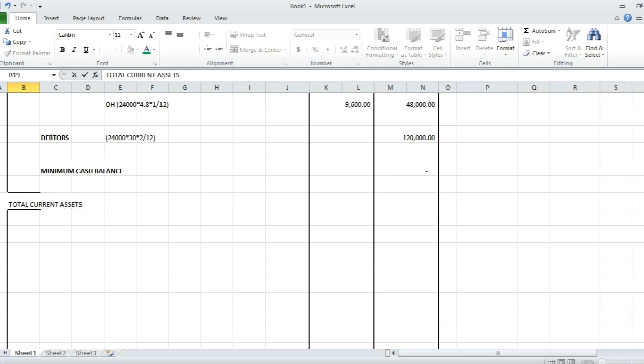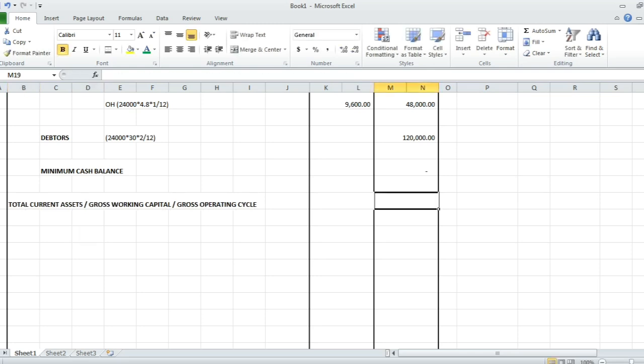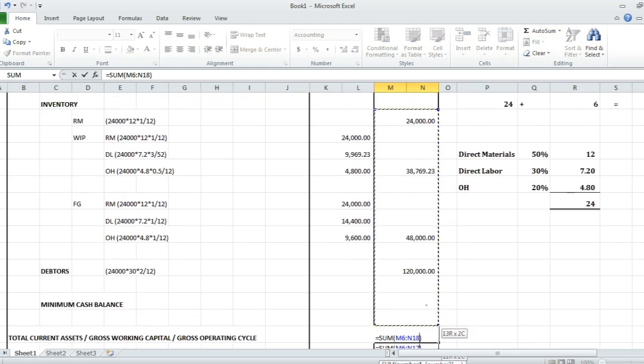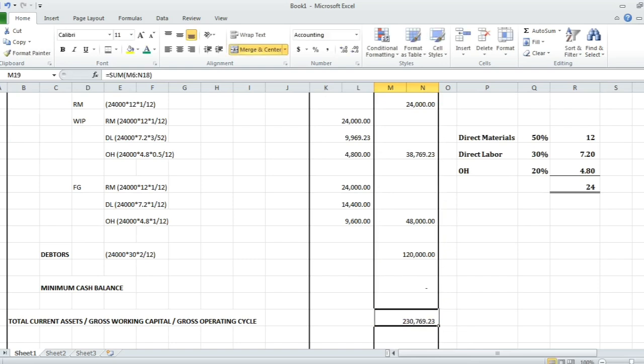total current assets or gross working capital or gross operating cycle is total value of inventory plus debtors, 230,769 rupees 23 cents.